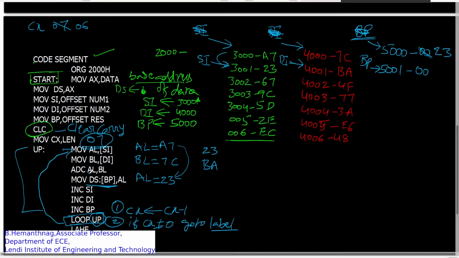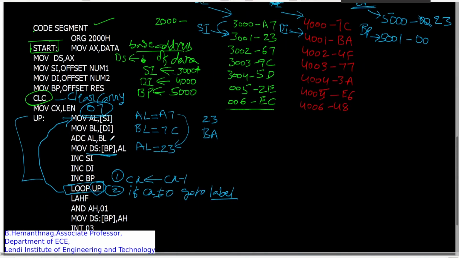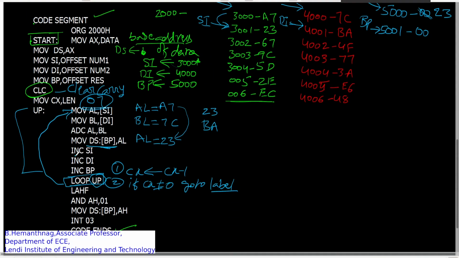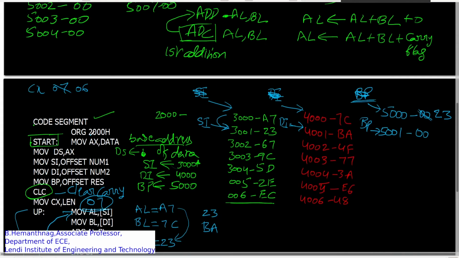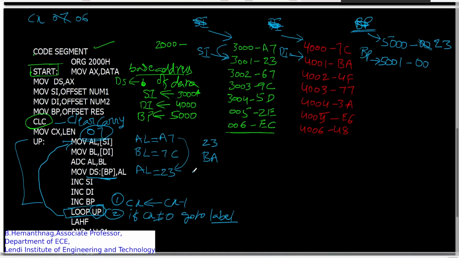Now we add the 23 and BA with the carry obtained previously, and that will be stored in AL again. This summation leads to the sum DE with no new carry generated. So AL will now change to DE. This is the new content of AL.